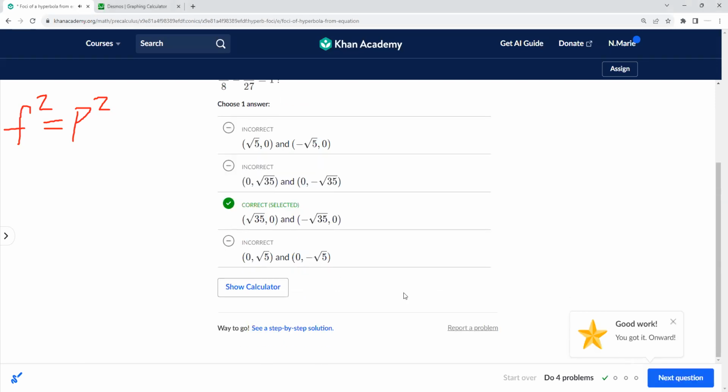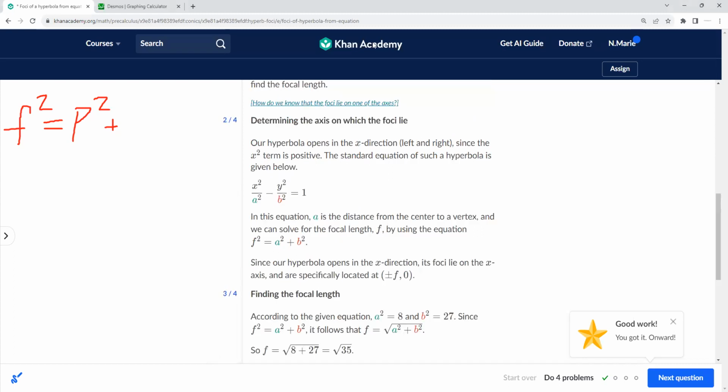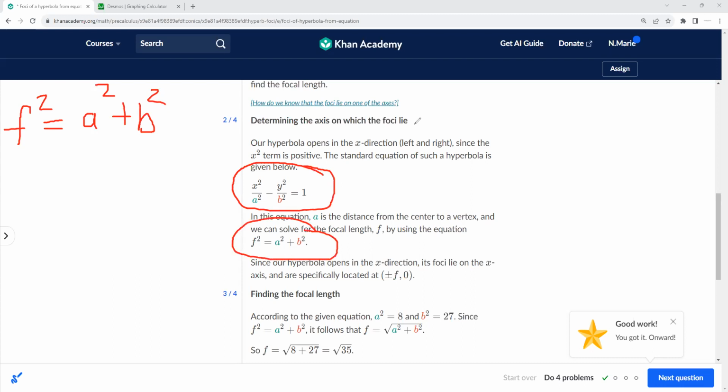Okay, so your foci is equal to your a squared plus b squared. So that's an important formula to write down. This is the standard formula for a hyperbola, and here is how you find the foci.